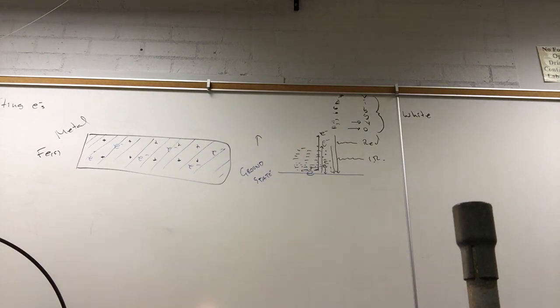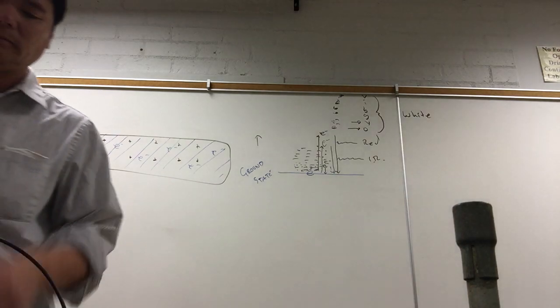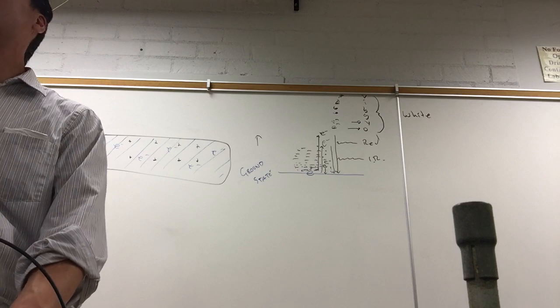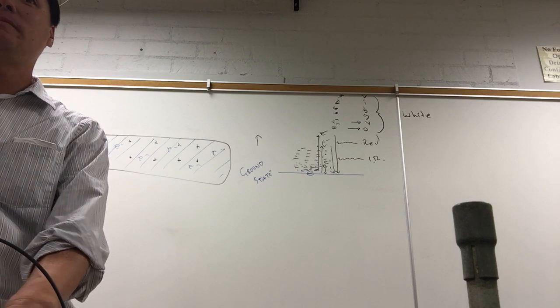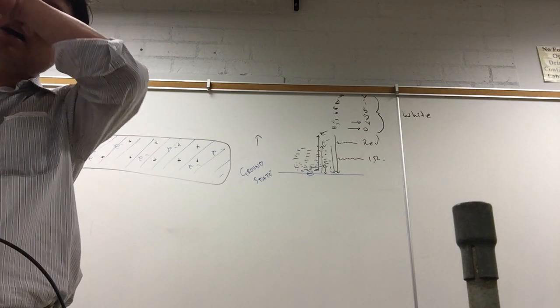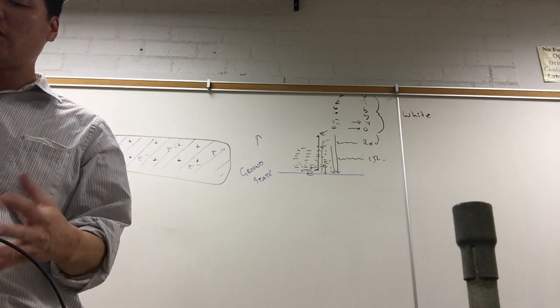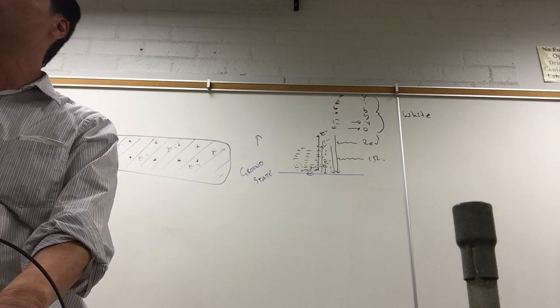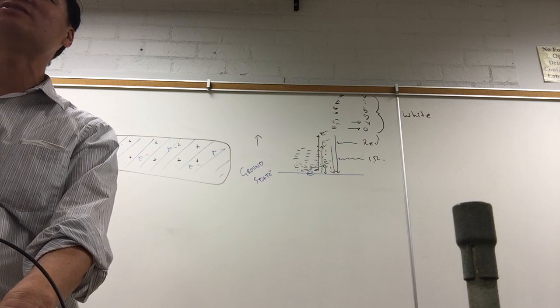Let me see at 120 volts. So black things absorb all colors and emit all colors. So black bodies should show the entire rainbow of colors once those electrons get excited enough.